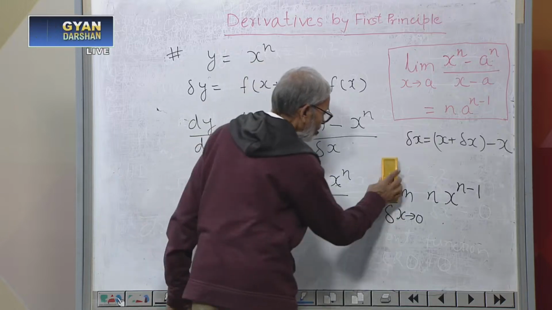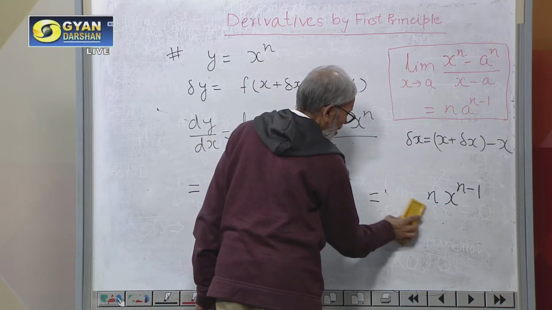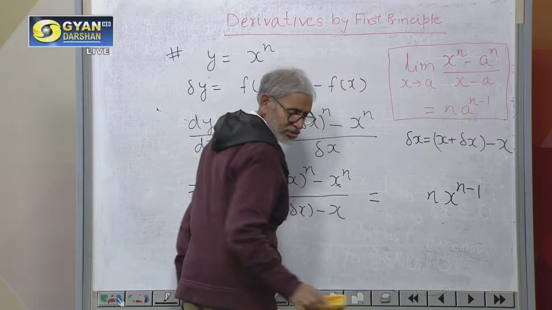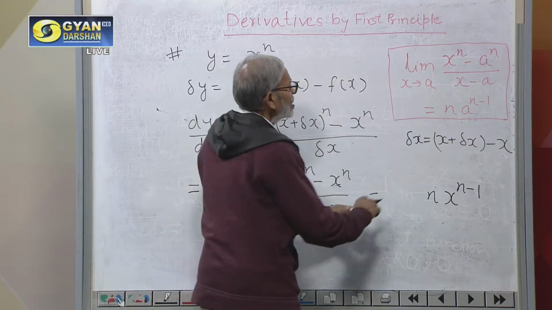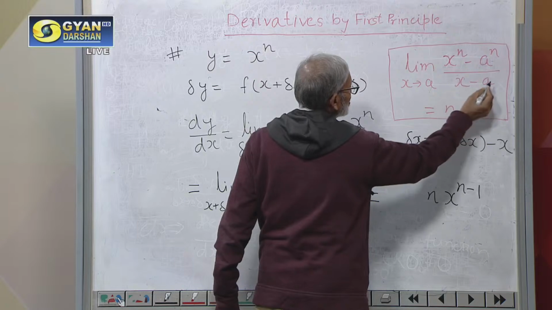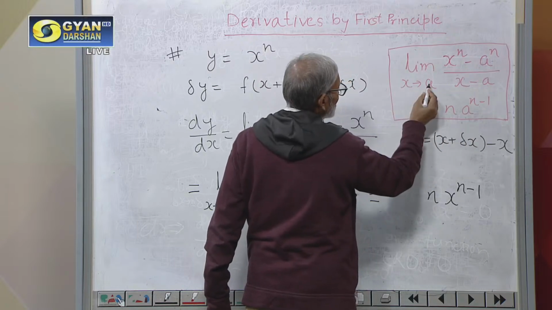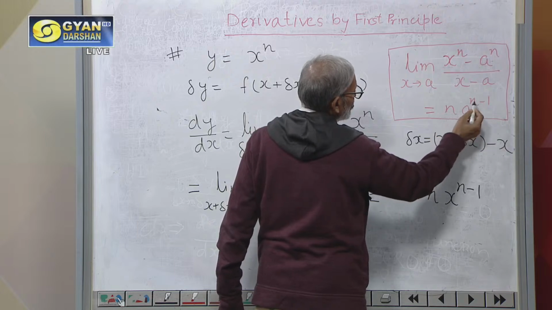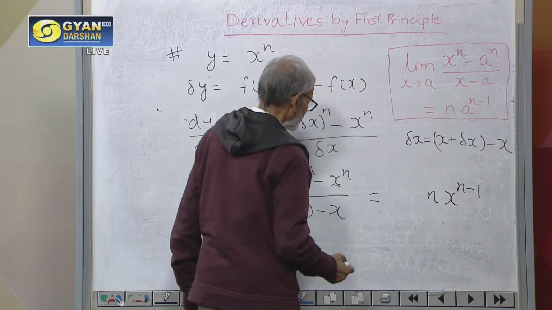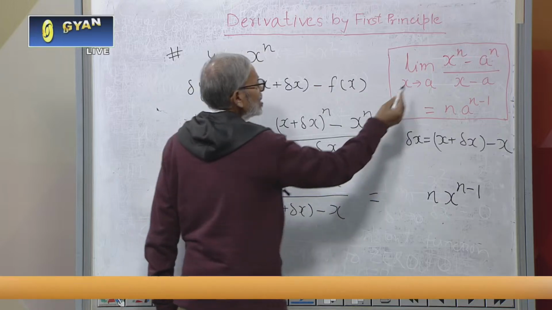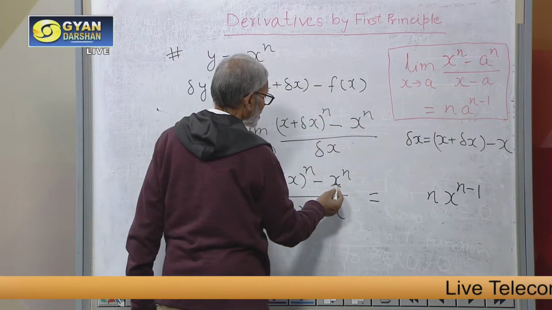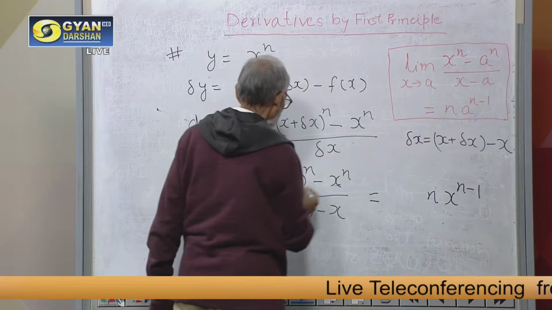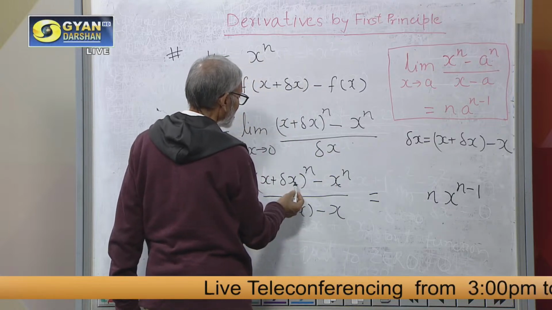So here there is no need of taking the limit, because already after the limit, x to the power n minus a to the power n upon x minus a, if x tends to a, it becomes n into a to the power n minus 1. Here, in place of a, x is there, and in place of x, x plus delta x is there.